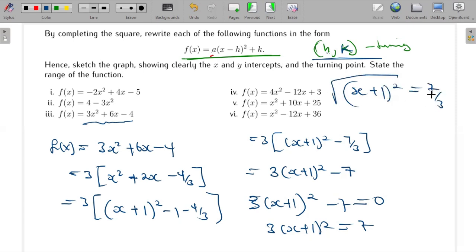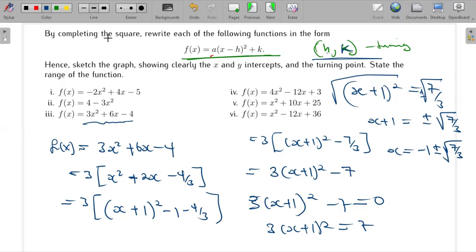Get the square root, then plus minus there. Then you have x plus 1 is equal to plus minus the square root of 7 over 3. Then x is just equal to negative 1, plus minus the square root of 7 over 3, like that.